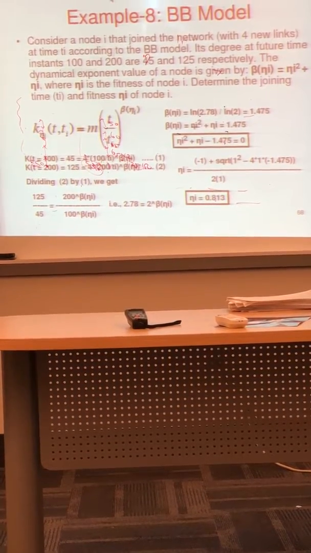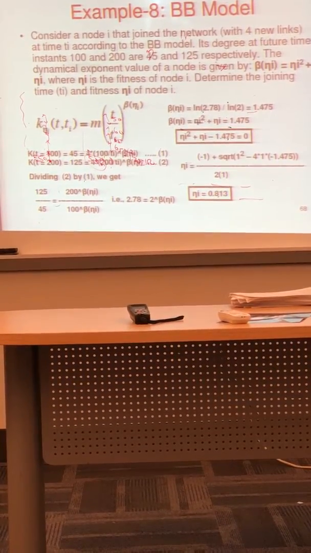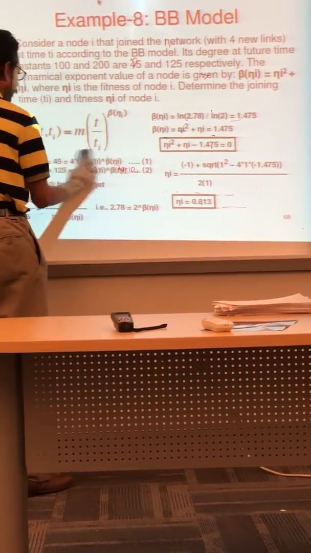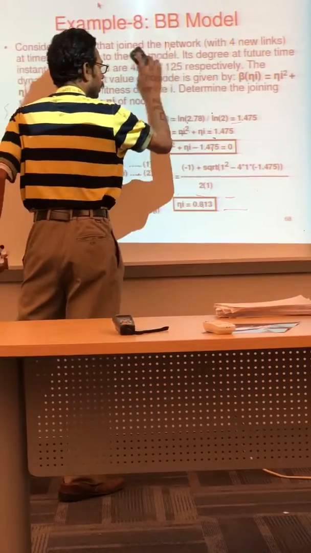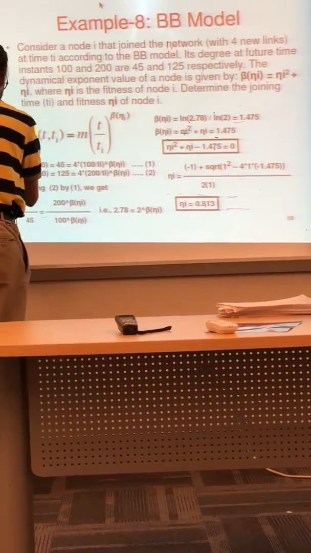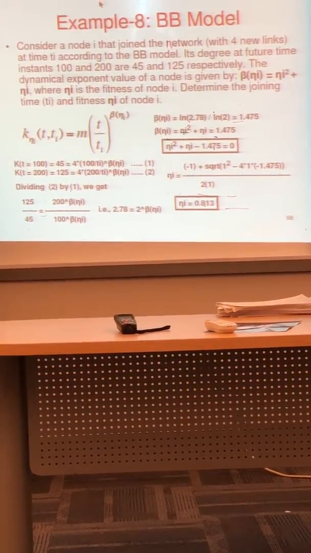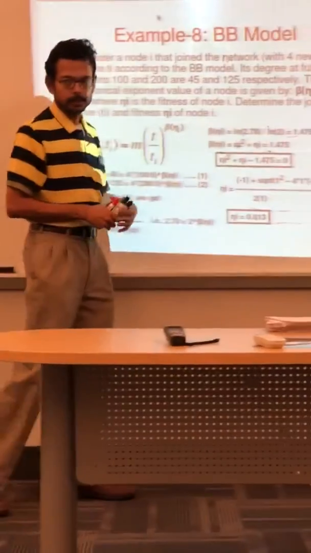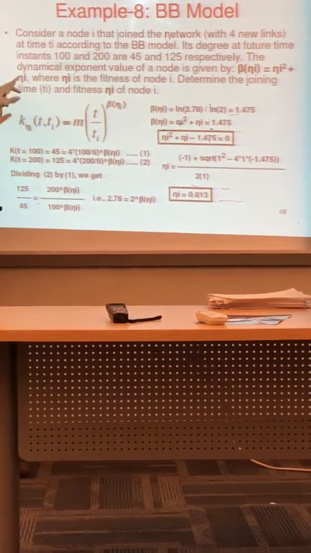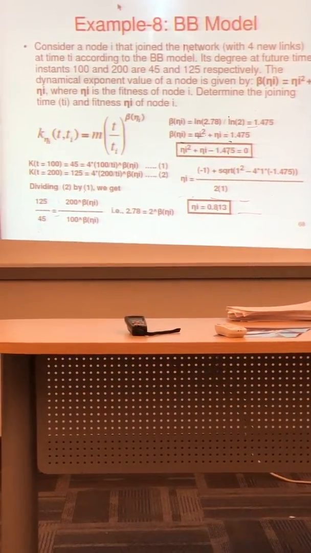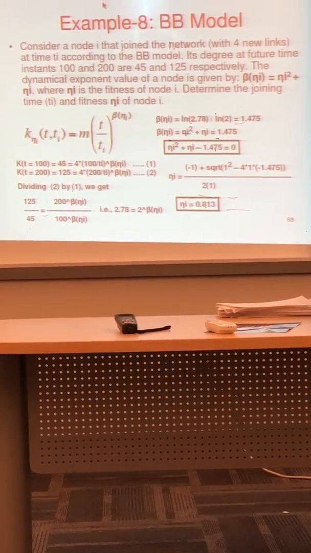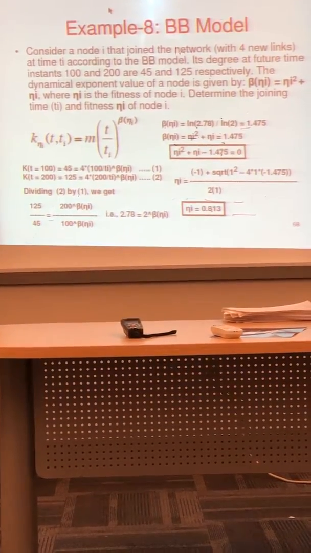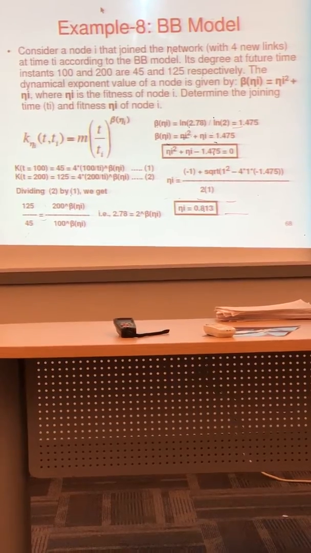Its degree at two future time instants, 100 and 200, are determined to be 45 and 125. And here you have a function given for beta: beta of eta I is eta I square plus eta I. So you want to find the joining time Ti and the fitness eta I. These are the two things that you have to find out.